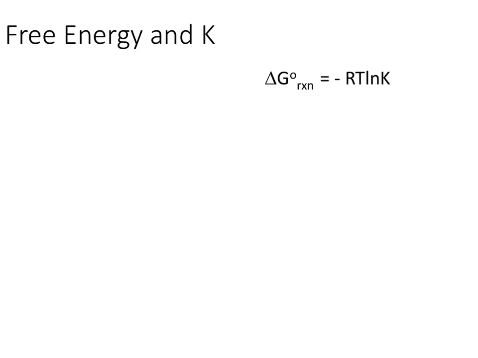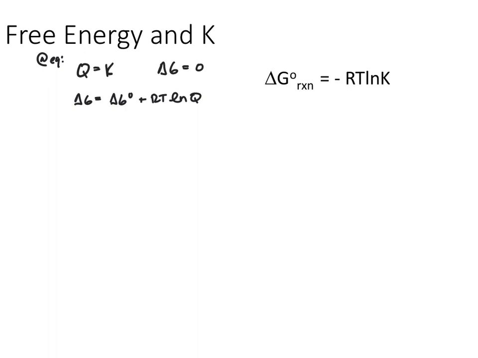We can derive this relationship by remembering, first of all, that at equilibrium, Q is equal to K, and our delta G is going to equal 0. If we take that into account and look at the equation we discussed in our last slide set, we can substitute.